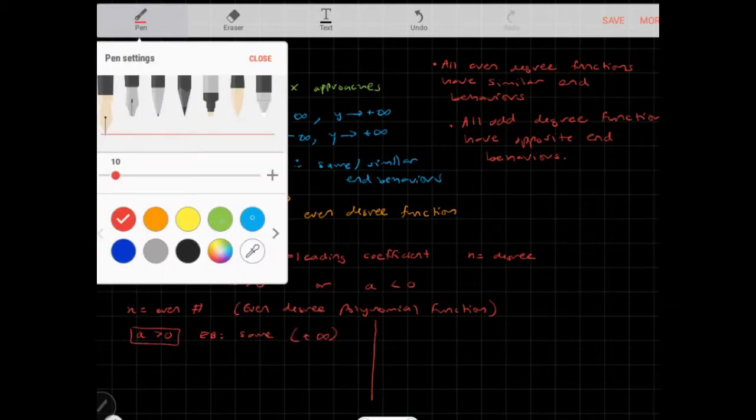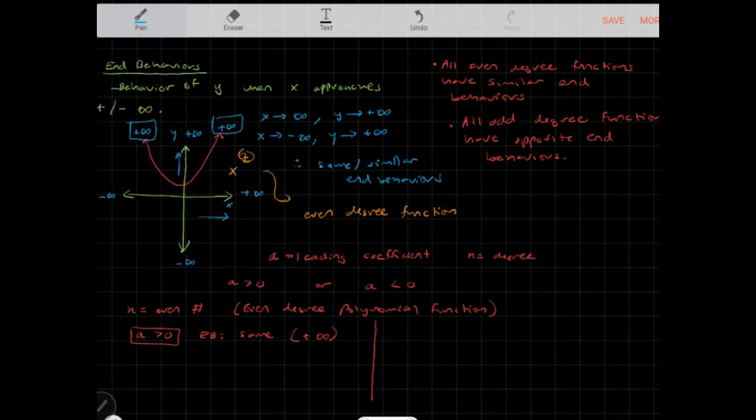So because they're always pointing to positive infinity, if you have a positive even degree polynomial function, here is our quartic function, it will have the same end behaviors. Both of them will be positive infinity, and you'd actually find the end behaviors in quadrants 1 and 2. So this is called a positive even degree function.